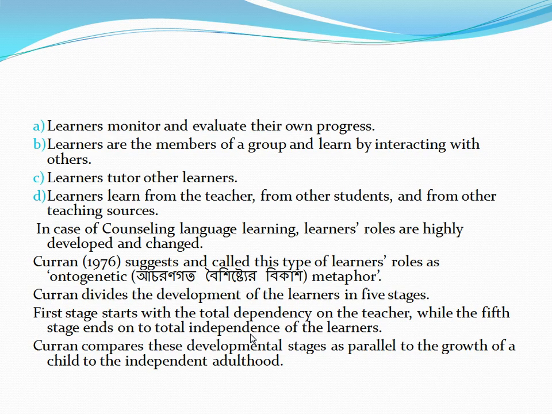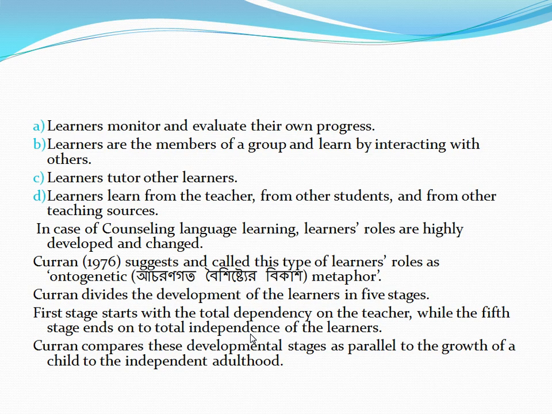If you follow this role, if you learn from learners, if you can tutor other students, if you learn from other sources, then after the ending of a course, you will be able to be totally independent. That means you know a thing or matter independently, and you can teach anybody after that.